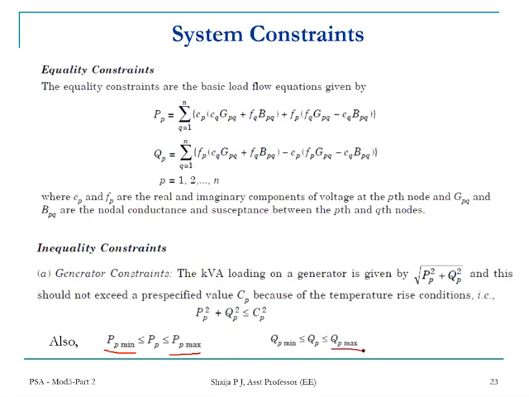Maximum reactive power is limited because of the overheating of the rotor, and the minimum Qp is limited because of the stability limit of the machine. So the first inequality constraint was the generator constraint. Generator constraints mean the KVA loading should always be less than or equal to Cp, prescribed by the temperature rise consideration, and the active power and reactive power should be within P minimum and P max, similarly Q minimum and Q max.